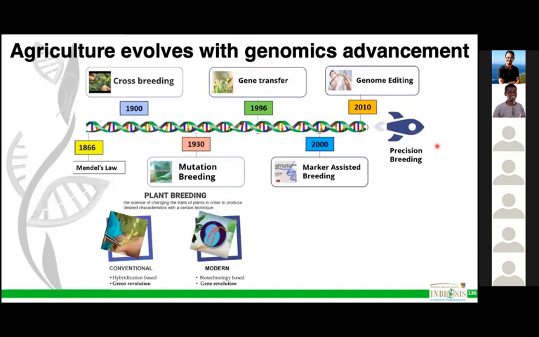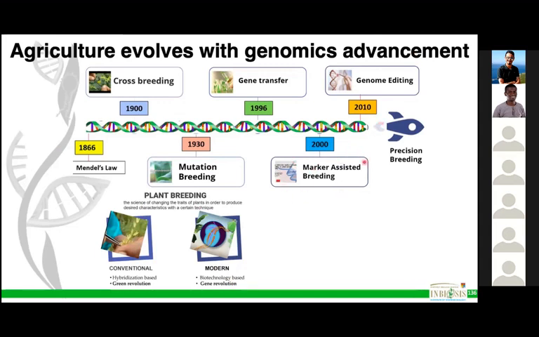So agriculture has evolved with genomic advancement. Like I mentioned, the start of genetics with Mendel led to crossbreeding, resulting in the green revolution, together with mutation breeding, and then led on to gene transfer through modern biotechnology, which is the gene revolution. Now we're moving into the precision revolution of precision genome editing.